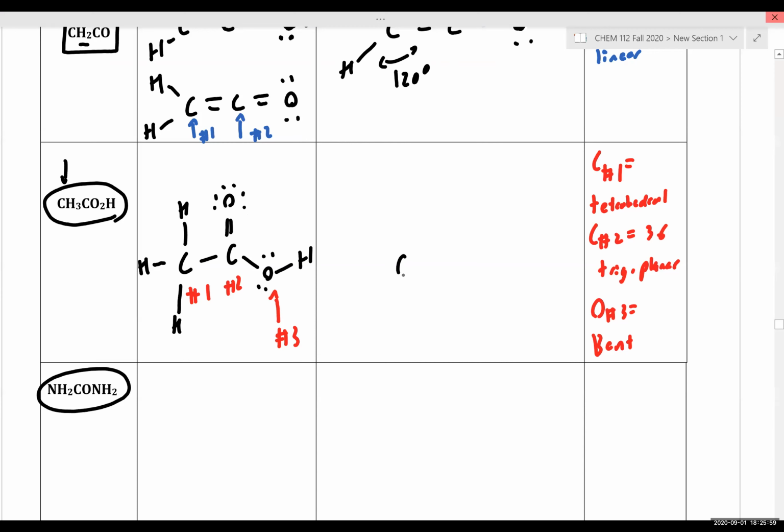So if I'm drawing this molecule with respect to its 3-dimensional shape, I make sure my bond angles around my central carbon are 120 degrees.